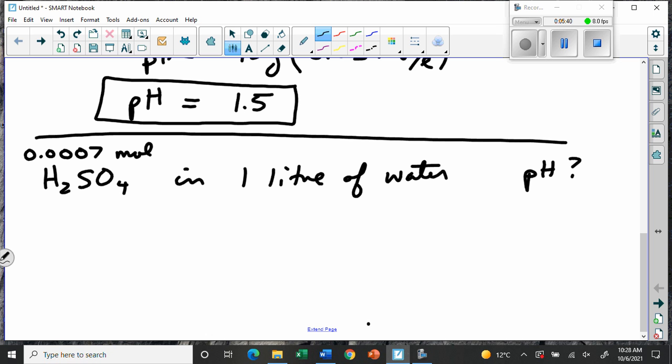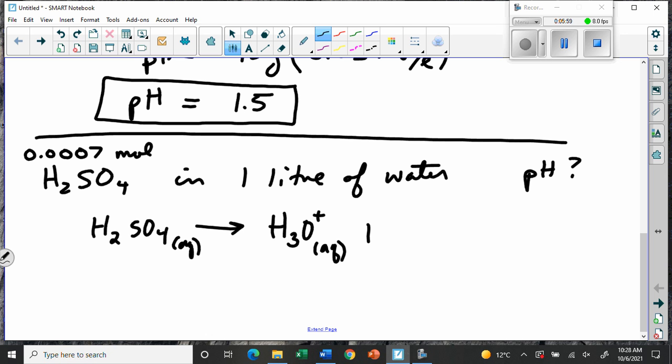So the first thing we have to do to get the moles is write the equation of what happens. The H2SO4 is going to break apart when we put it aqueous in the water. That means those hydrogens are going to come off, and they're going to ride on the waters to make hydroniums. And the sulfate ion is going to be free.